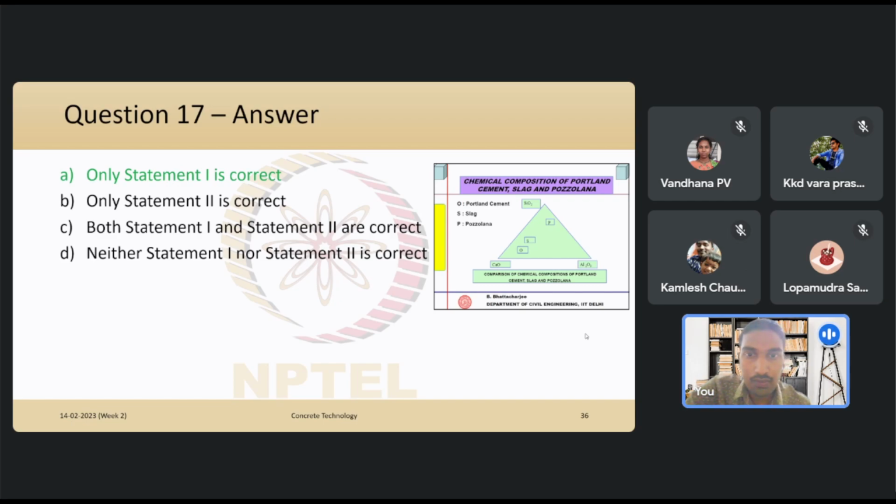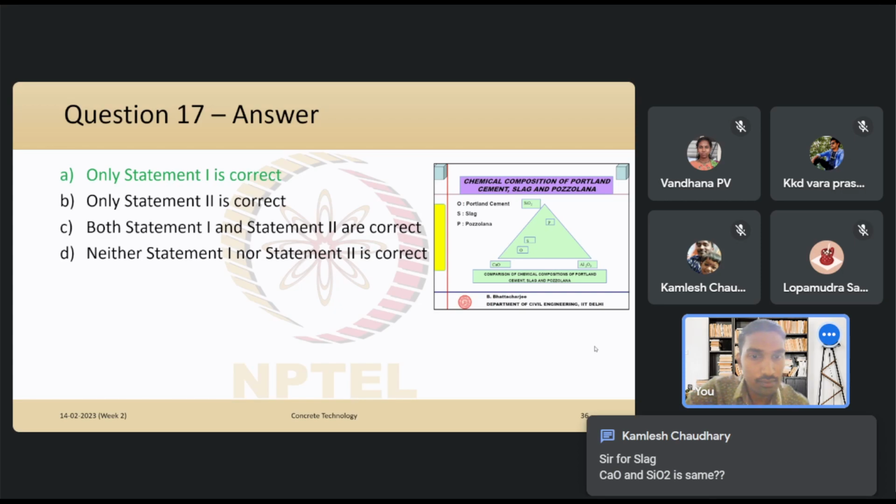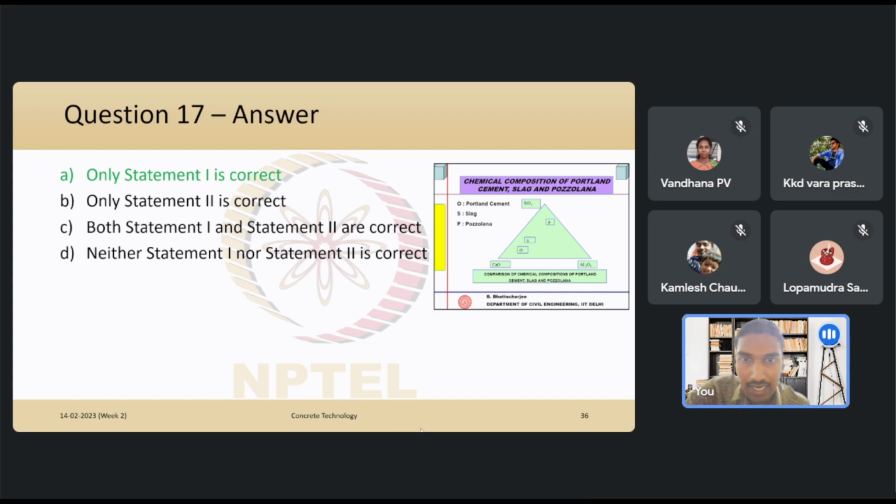Okay, is that clear how we look at the triangle? For slag, I would say CaO is slightly higher than SiO2.